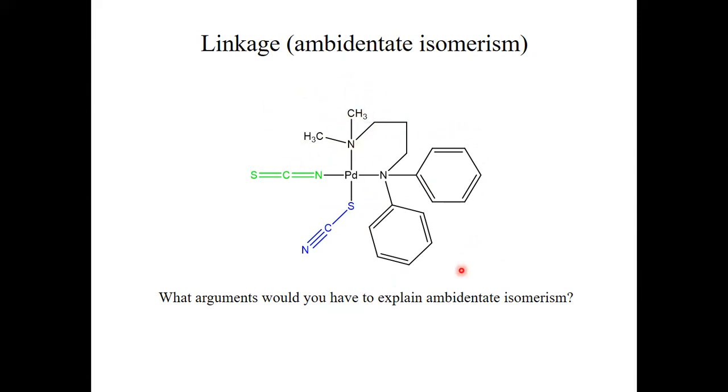So because of the bulkiness, in this case, the sulfur binds, because in this case, the ligand can actually bend away from these bulky substituents, whereas in this case, there's far less bulkiness, and therefore the nitrogen is preferred to bind to the palladium.